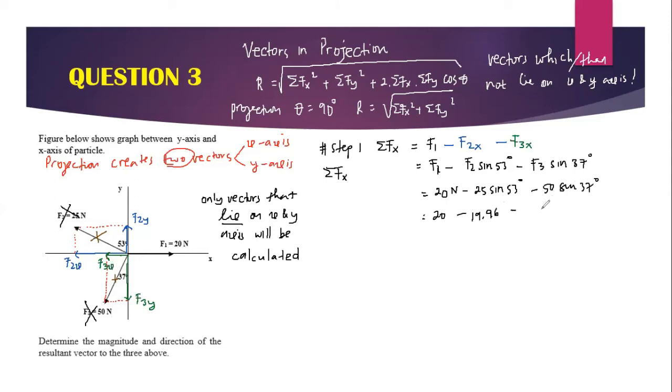And then the final answer for sigma Fx: 20 minus 19.96 minus 30.09. You get minus 30.05 Newton. Is it clear for you, everyone? Very easy, right? Fine.